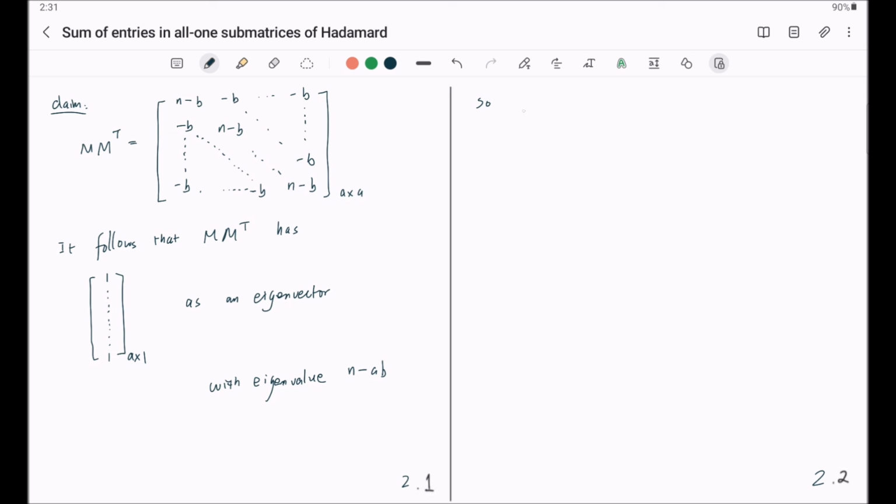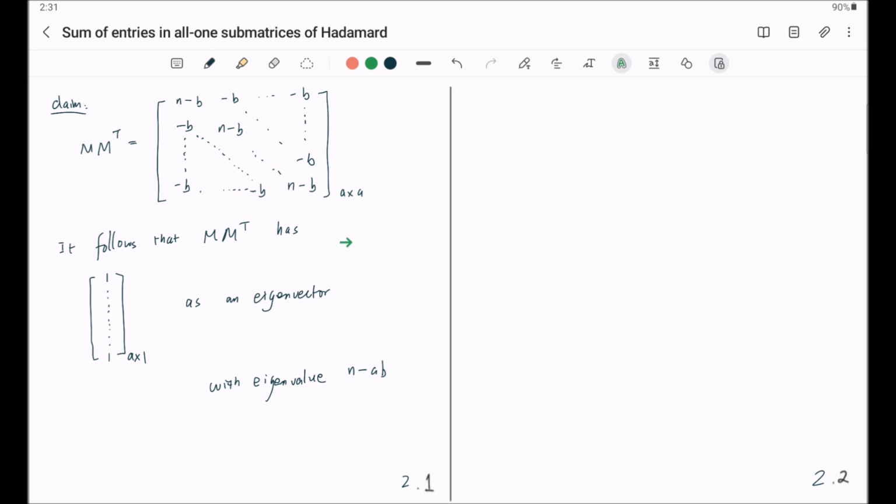So this is very easy for us to verify, because if you multiply this matrix with this vector, you'll find you're summing up many negative B's plus n.